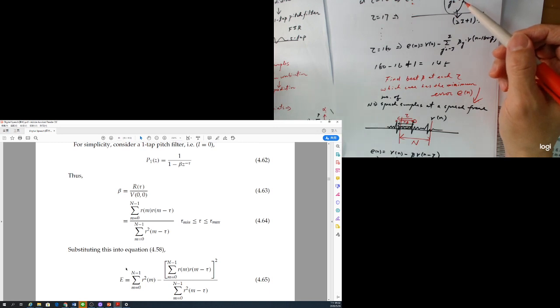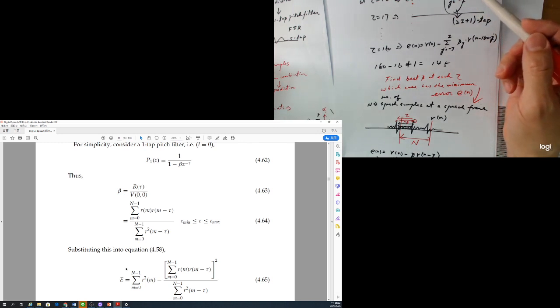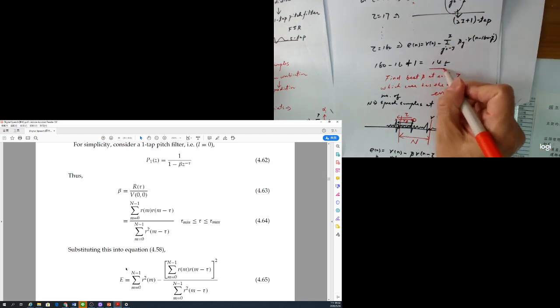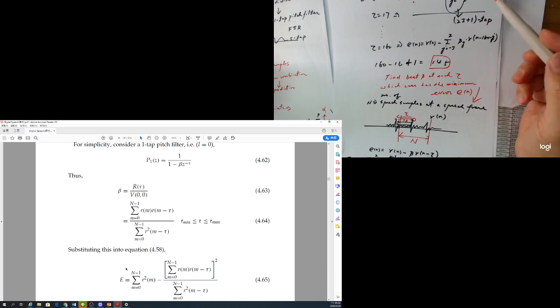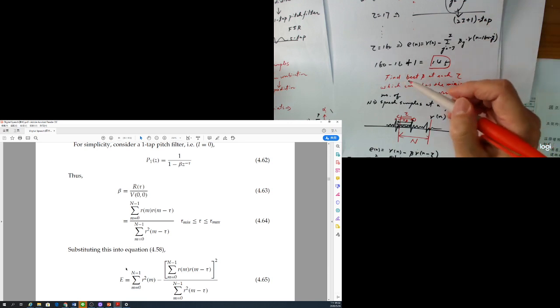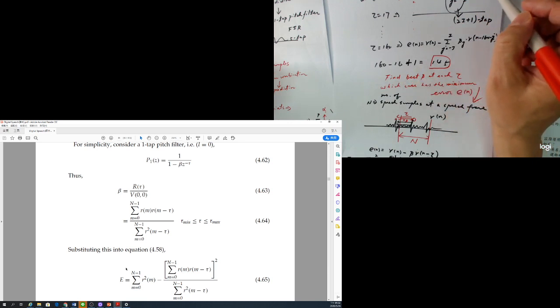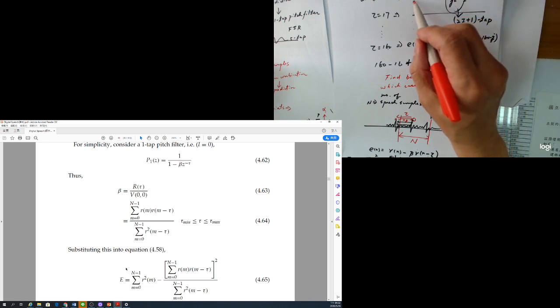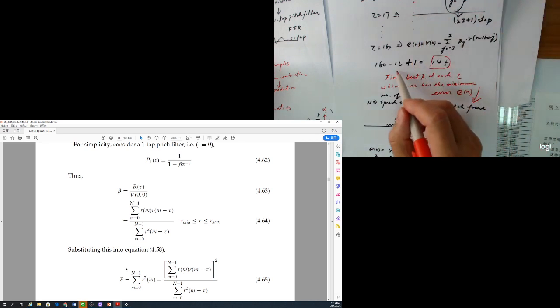So with this one you get a 5 coefficient. You have a total of 148, so for each tau you have 16. Substitute it inside there, you get beta and calculate the error value, the total error value, and then tau equals 17.